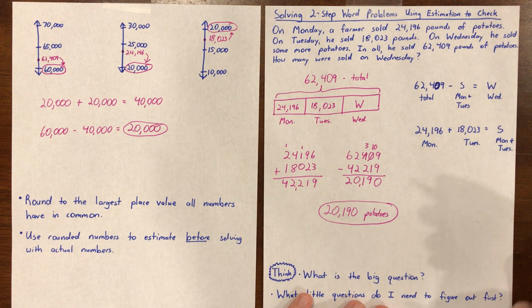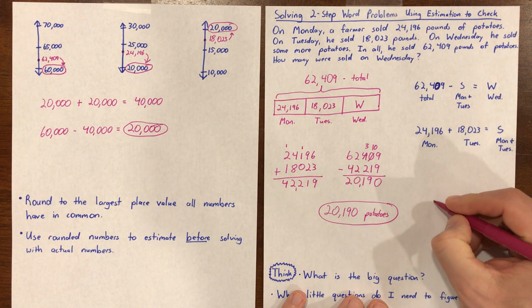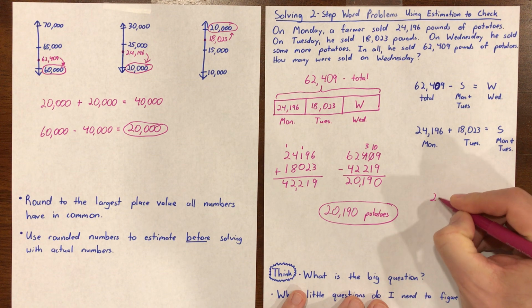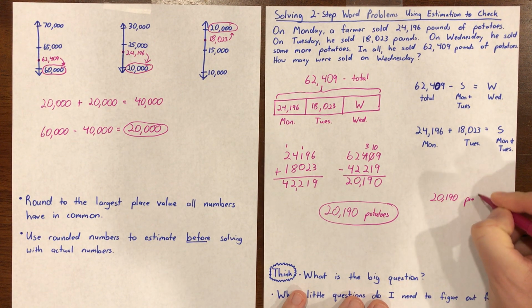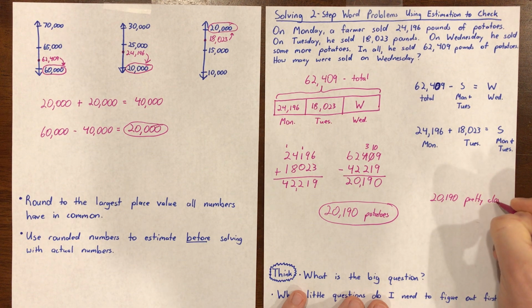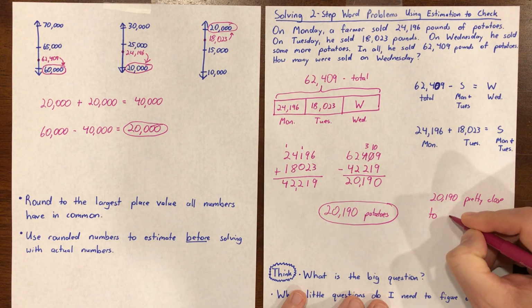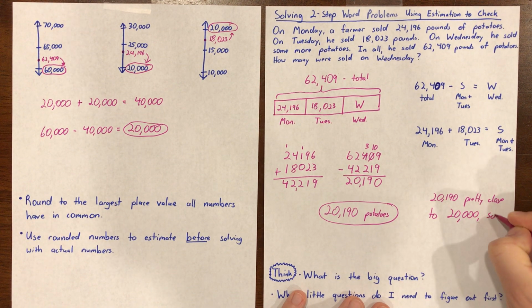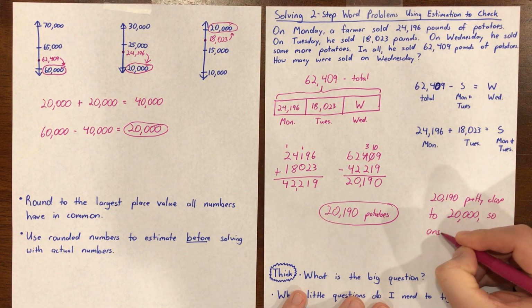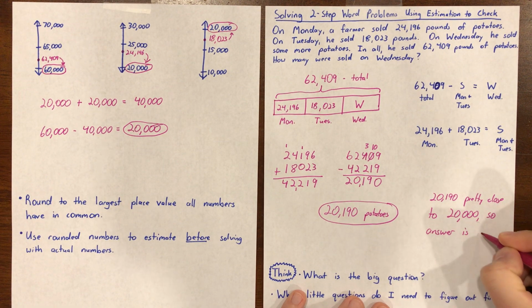Yeah, that is reasonable, isn't it? So we could say that 20,190 is pretty close to our estimate of 20,000. So the answer is reasonable.